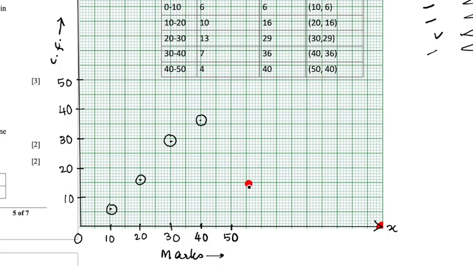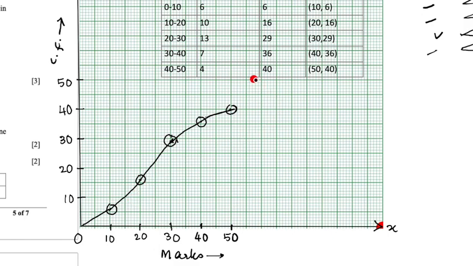Last point is 50 and 40, so this is 50 and 40 here. Now we have to draw a smooth curve. Okay, so this is more or less the ogive.